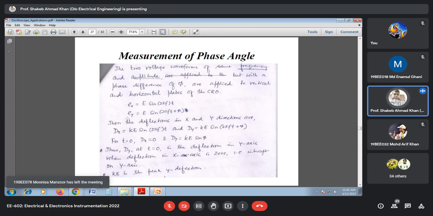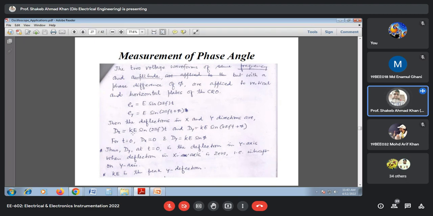Obviously, the second one, which is applied to the Y plates, is phi angle ahead, means leading the waveform which we are applying on the X plates. So when we are operating the oscilloscope in XY mode, because of these two waveforms, deflection of the electron beam will take place in X and Y directions.